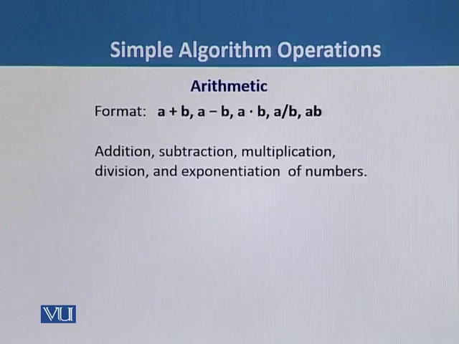So this is the second example of these very simple algorithm operations, and here we can see the arithmetic operations written: A plus B. We all know we can add A and B, A minus B, A dot B means A multiplied with B, A divided by B, and again A multiplied by B. And there is another notation, A raised to the power 2, which means exponential.